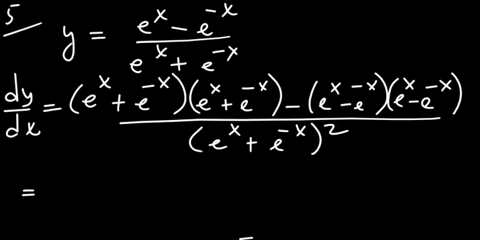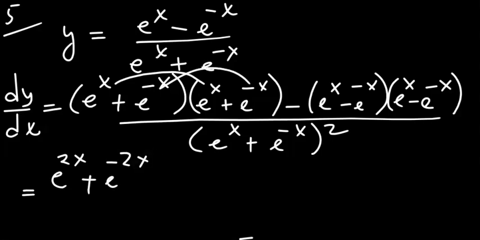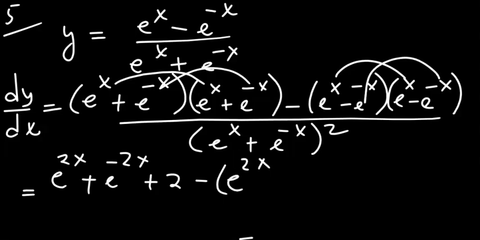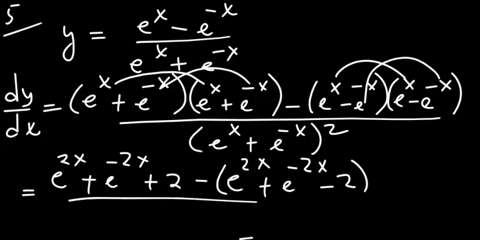Let's simplify the numerator. So you have e^(2x), this times that, plus e^(-2x), this times that, and the cross terms will give you 2, minus this times that, e^(2x), this times that, plus e^(-2x), and the cross terms will give you minus 2, over (e^x plus e^(-x)) squared.